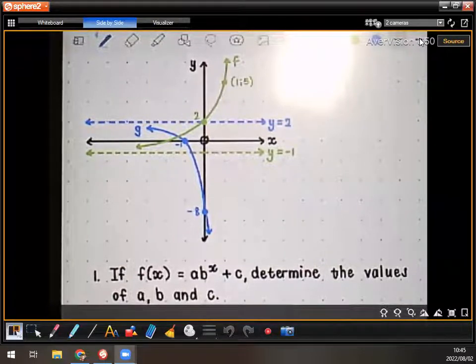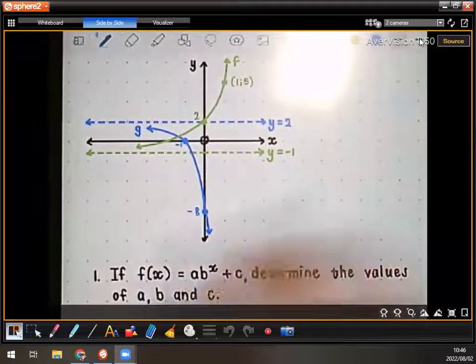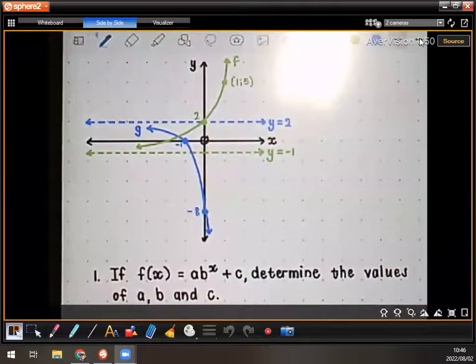Just moving it down a bit so that you can see that first question. We're going to just basically find the equation of the two graphs. But guys, in this example, the instruction is a bit different.